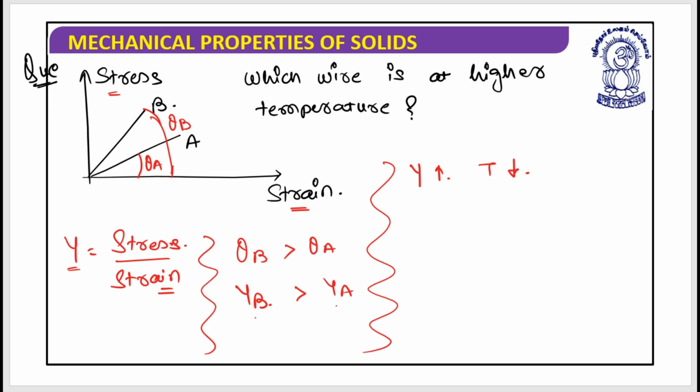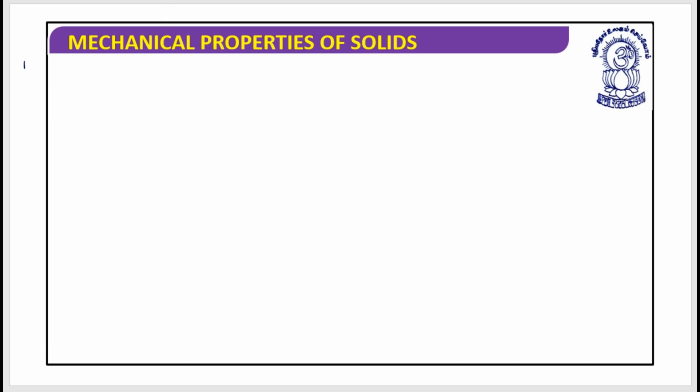So as YB is greater than YA, that means the temperature of B is less than the temperature at A. I hope this is clear. Is it clear? The same kind of questions can be asked.